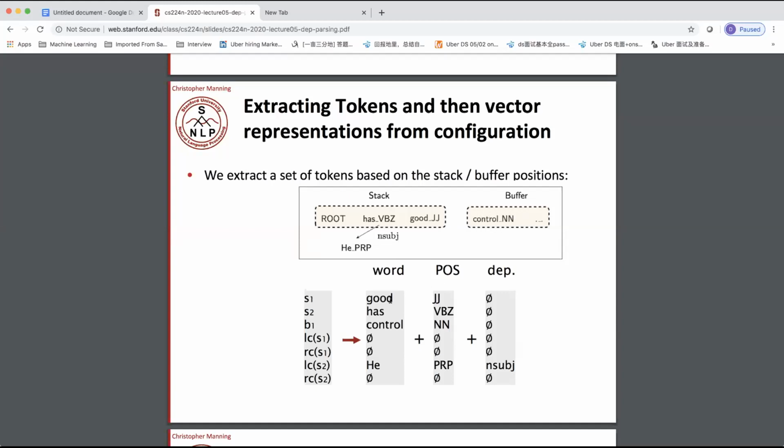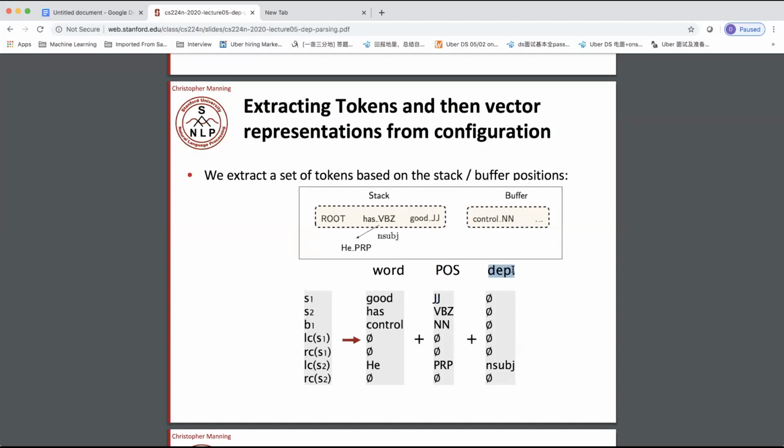Like Jing said, we have 3 classes of different features for each input right here. For the first word, the word itself is good. The part of speech is JJ. I don't even know what that means, but I think it's an adjective, a descriptive word. And dependency relationship, no, because we don't actually create any dependency relationship yet.